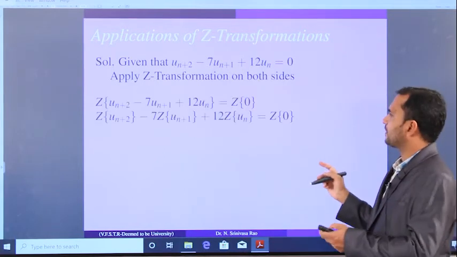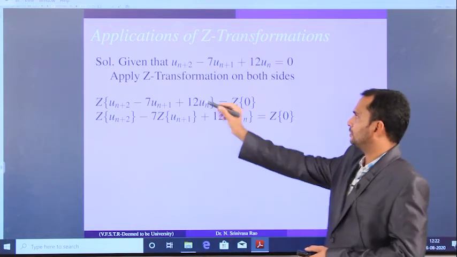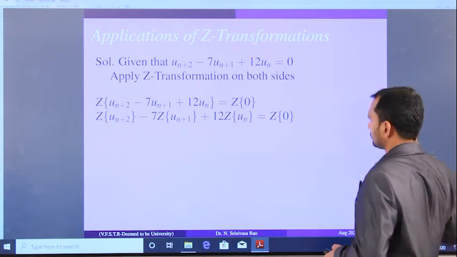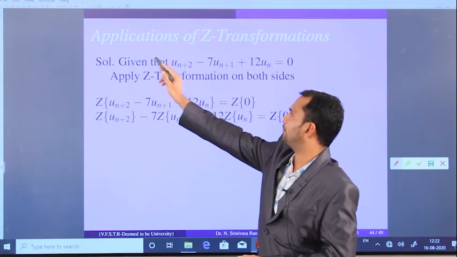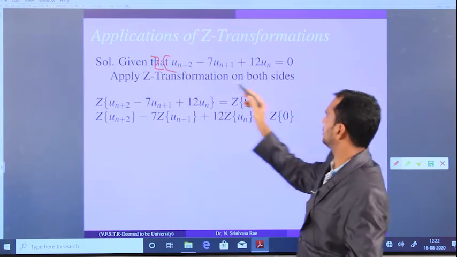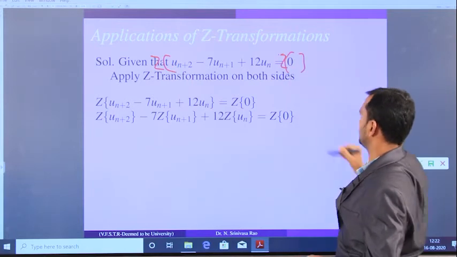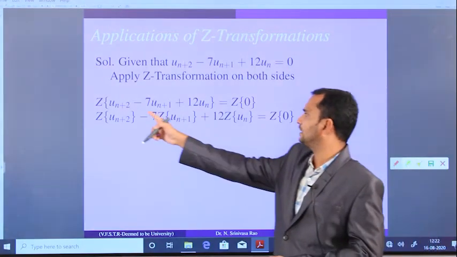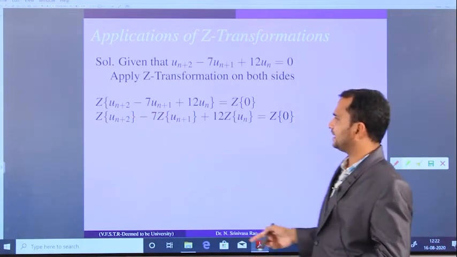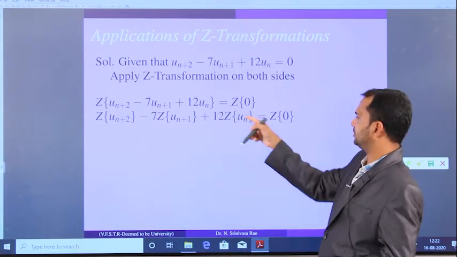If you apply the Z transform on both sides, you get Z of u_{n+2} - 7u_{n+1} + 12u_n equal to Z of 0.